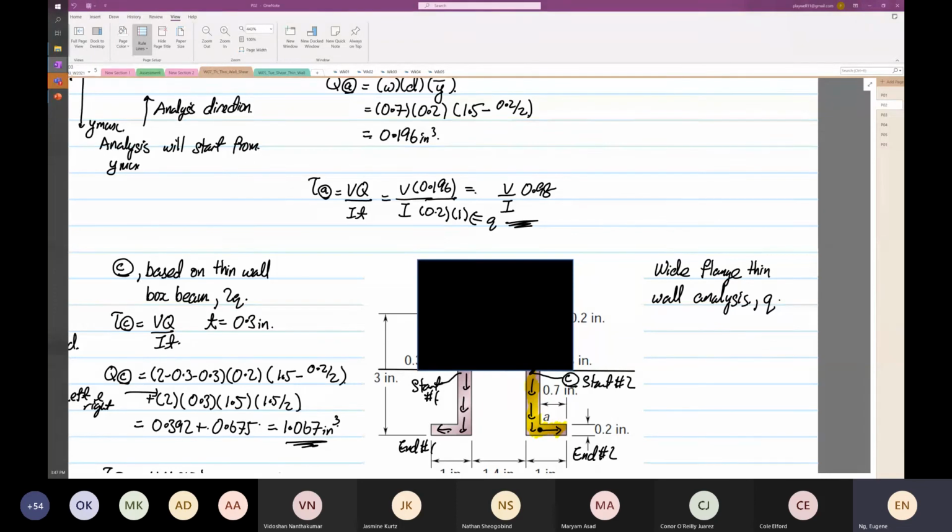So Q at point C: the width is 0.7. The depth is 0.2. 1.5 minus 0.2 divided by 2, plus the width. What is the width? I think it's 0.3.